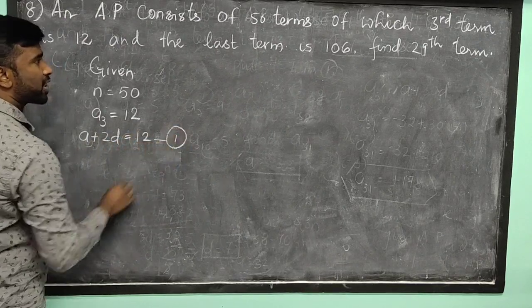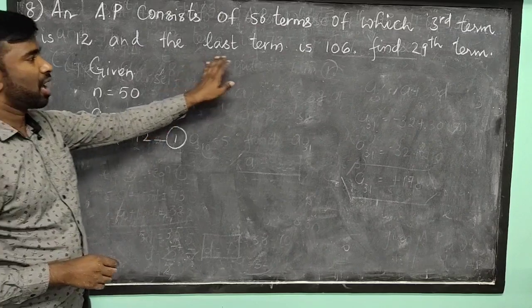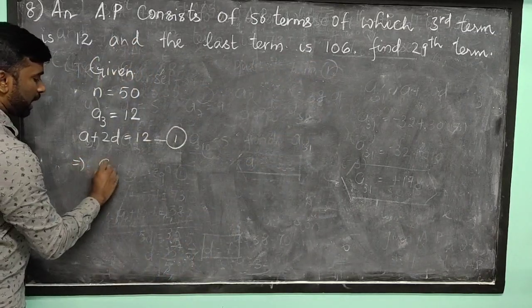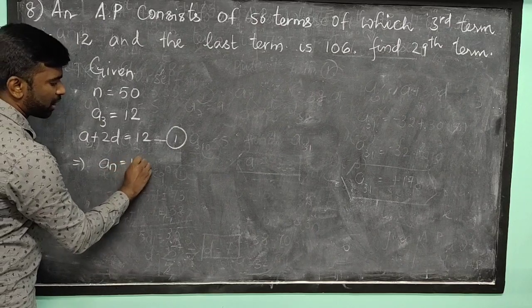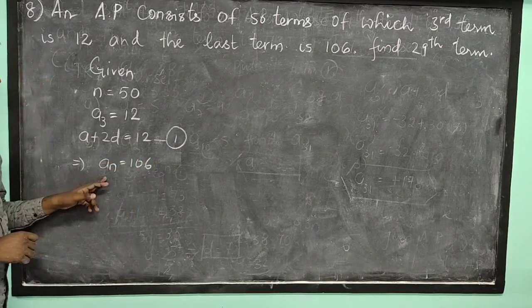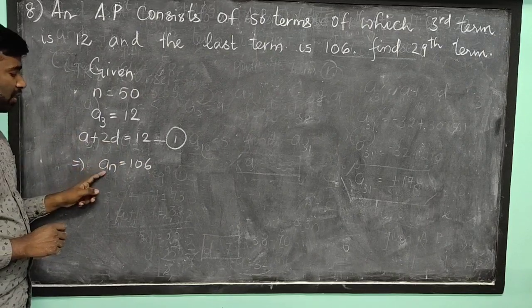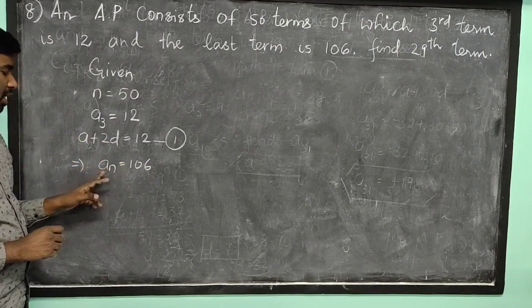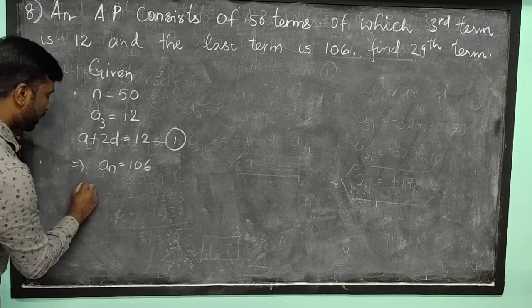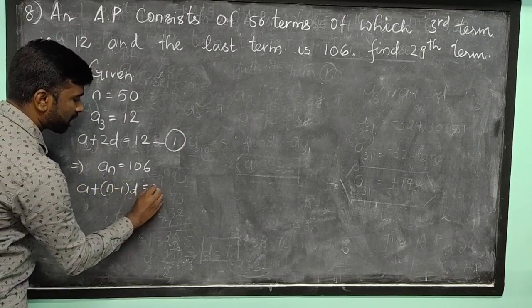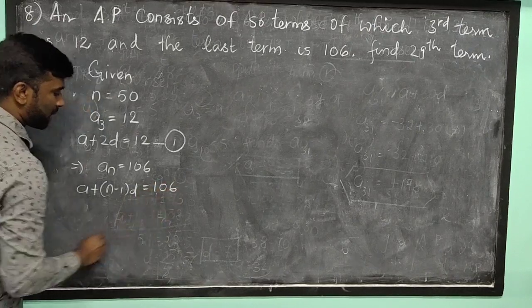Consider this as equation 1. Now the last term is 106, that is AN equals 106. Now convert this into an equation. What is the nth term formula? A plus N minus 1 into D, which is equal to 106.